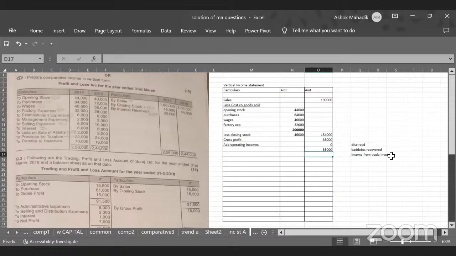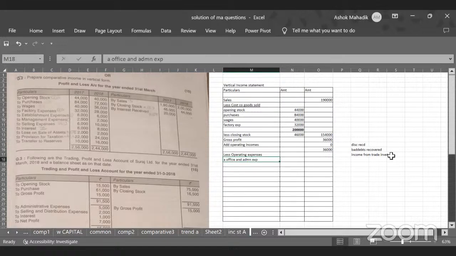Then we subtract, less operating expenses. Under this, we cover all the regular expenses which we incur in an organization. And these are classified as office administration, selling, distribution, and finance. We have 3 heads to cover all the operating expenses. So first, I'll write office and admin expenses.